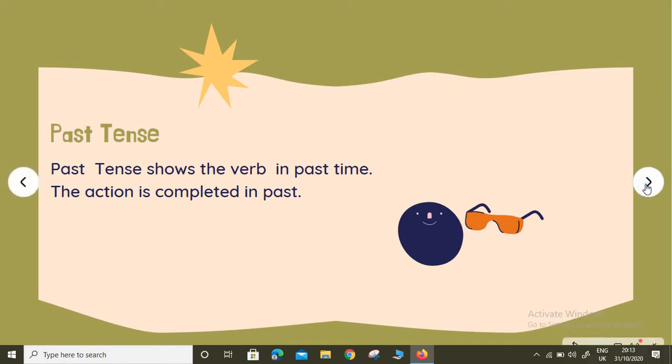So any action that has taken place in the past refers to the past tense. The action is completed in the past. So if we are referring to that action, we are talking about past tense. We are indicating the action that is already completed.